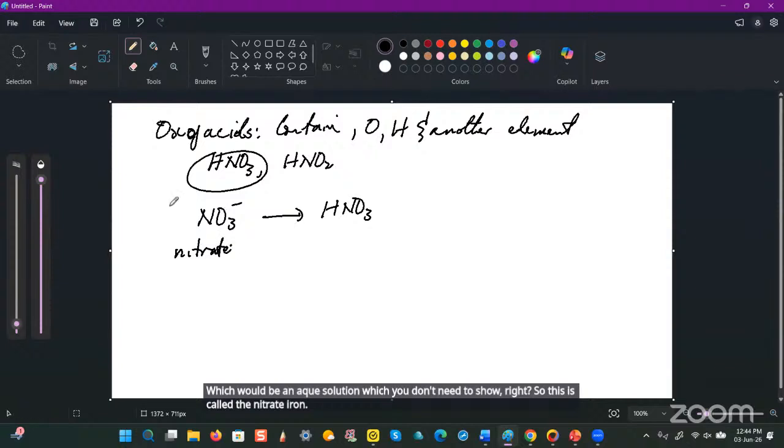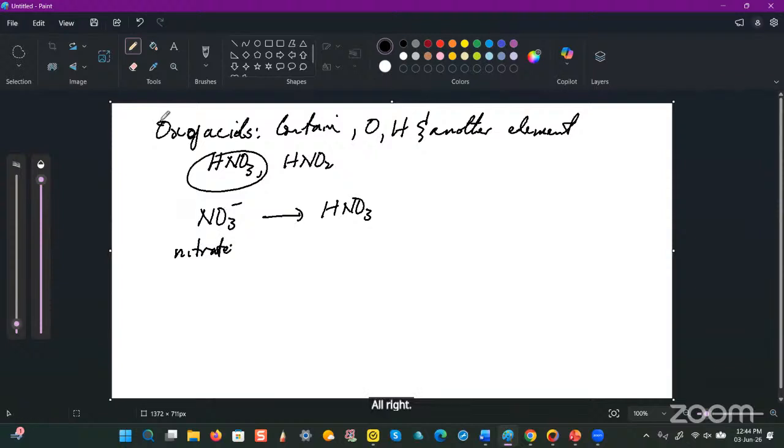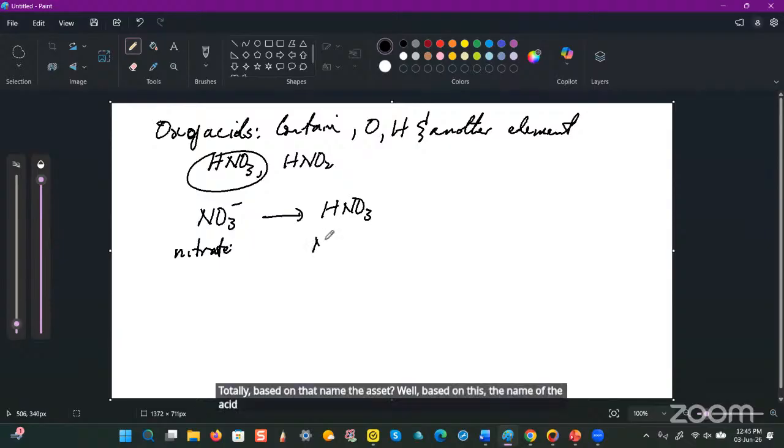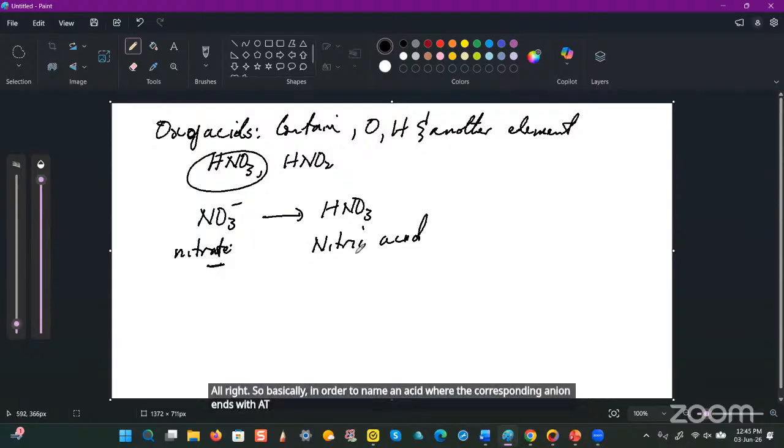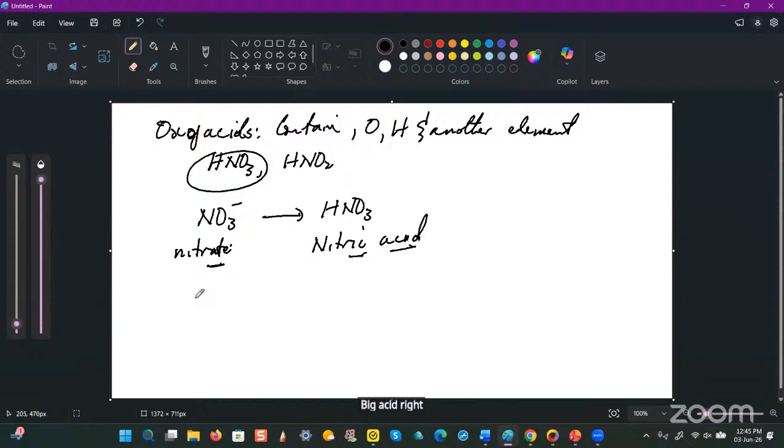This you can look up again in the tables. Based on that, the name of the acid is nitric acid. So in order to name an acid where the corresponding anion ends with ate, the name of the acid will end with ic acid. So that's how that works.